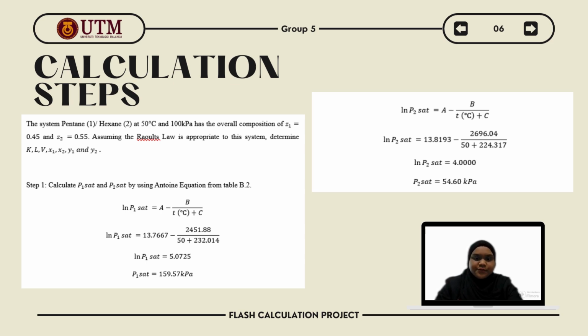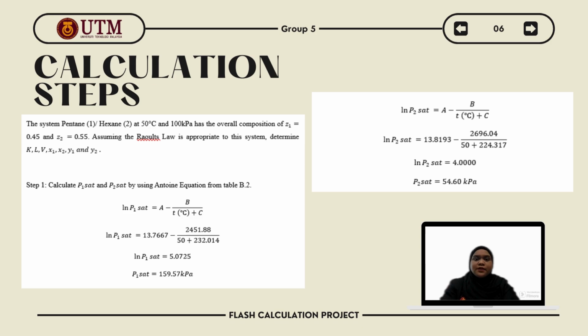The overall composition is Z1 equals 0.45 and Z2 equals 0.55. We will assume Raoult's law is appropriate for this system. We need to determine K, L, V, and also the mole fractions for species 1 and species 2. First we need to find P saturated for species 1 and species 2.